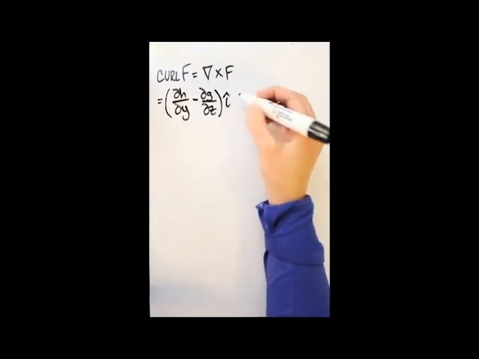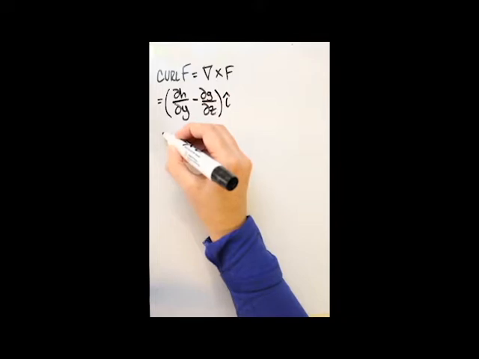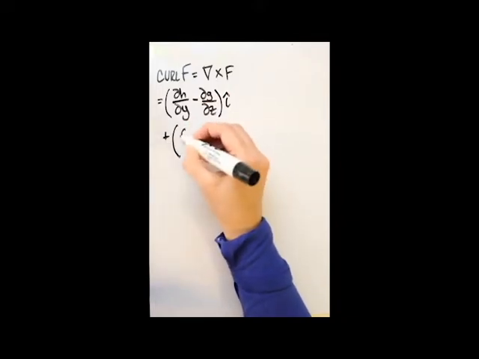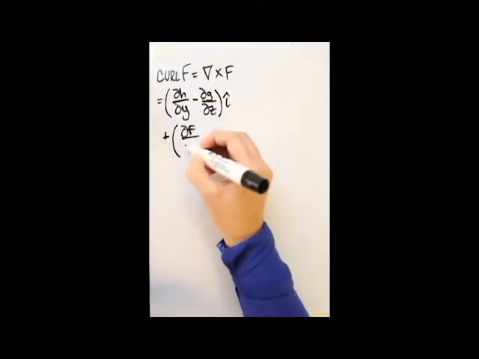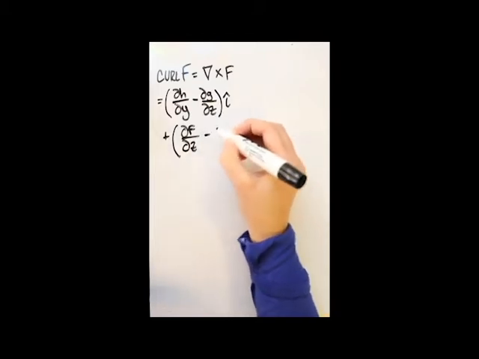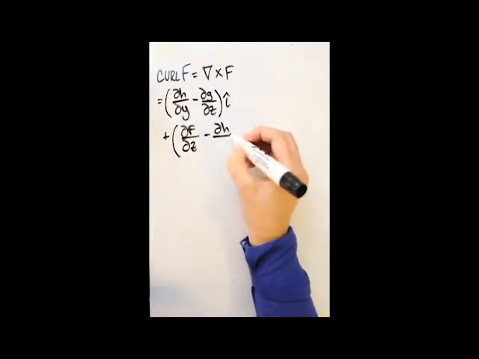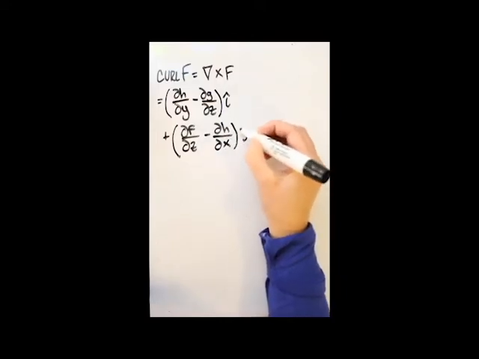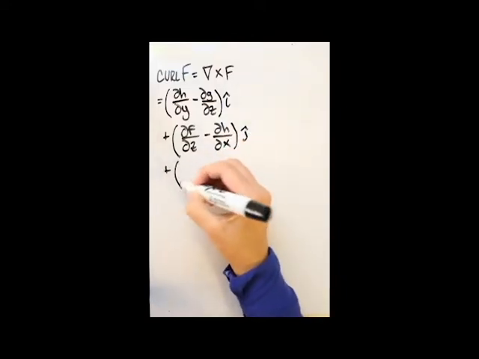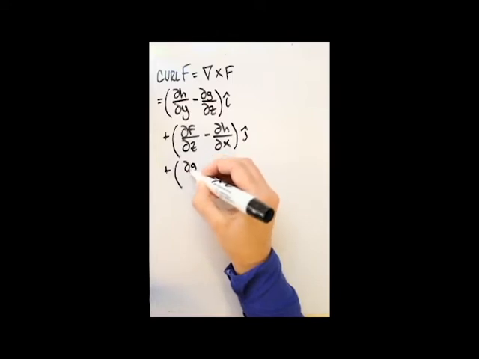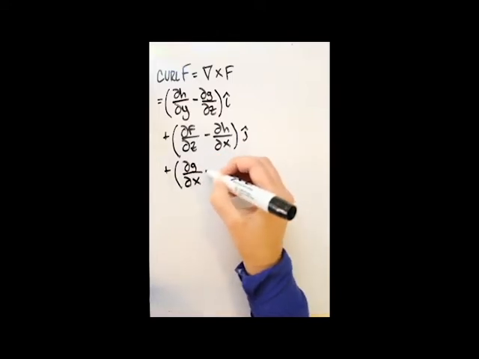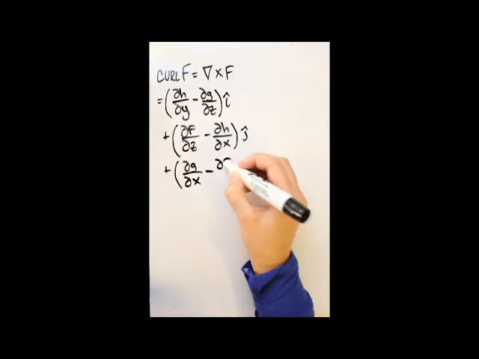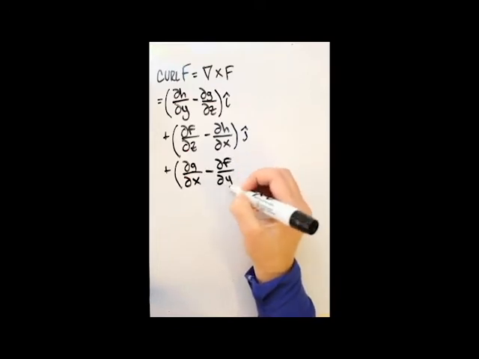I'll go ahead and just write it out vertically here. Plus the partial derivative of f with respect to z minus the partial derivative of h with respect to x. This is our j component. And lastly, the partial derivative of g with respect to x minus the partial derivative of f with respect to y.